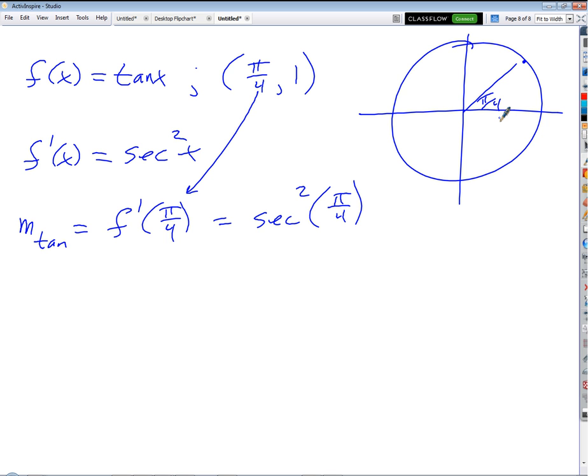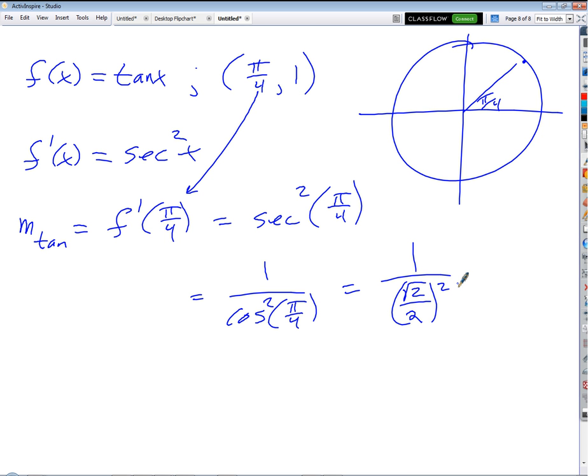So the cosine and the sine at this angle both have values of square root of 2 over 2, right? So the secant is really all just 1 over the cosine squared of pi fourths. So that's just 1 over the square root of 2 over 2 squared, right? Okay, let me pause.